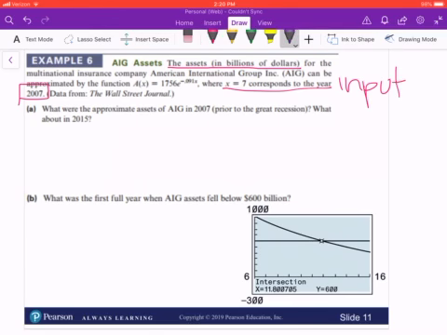And our output will be here, the assets in billions of dollars. So the graph is here, the function. And so what were the approximate assets of AIG in 2007 prior to the Great Recession?